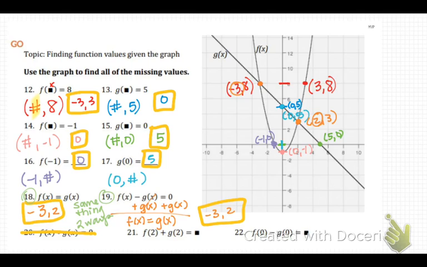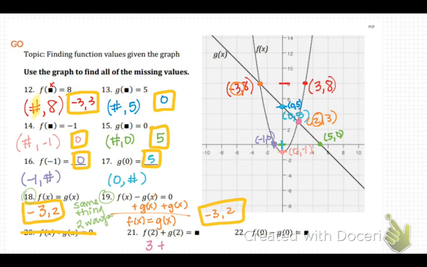I have f of 2. We plug it in. What is f of 2? F of 2 is what? Is 2, 3. So f of 2 is 3.